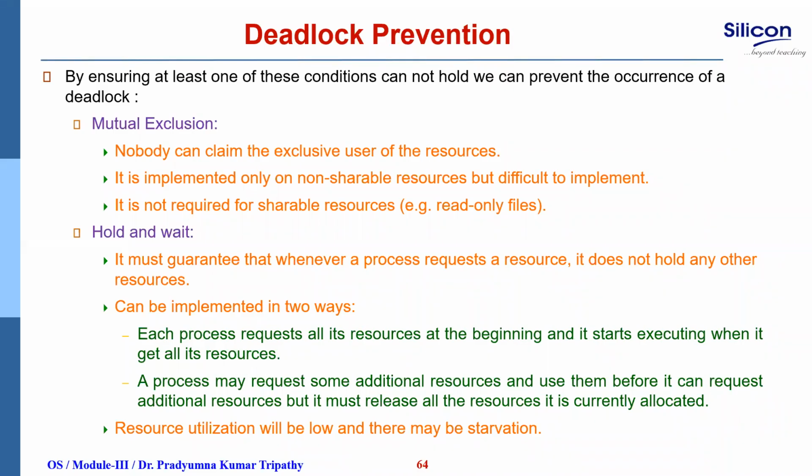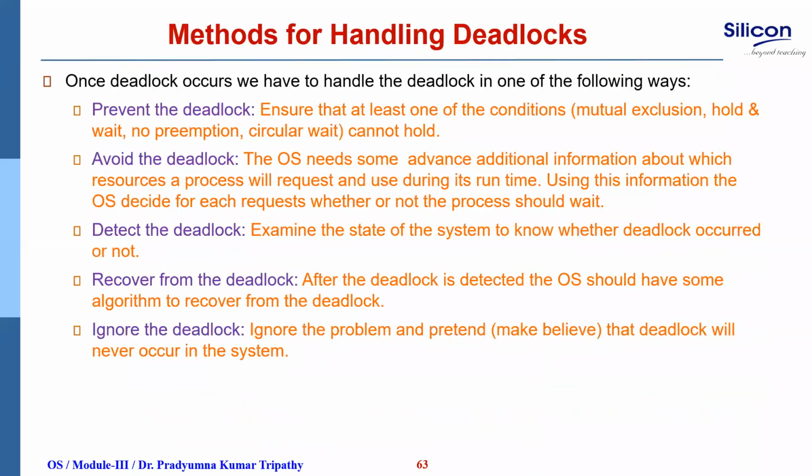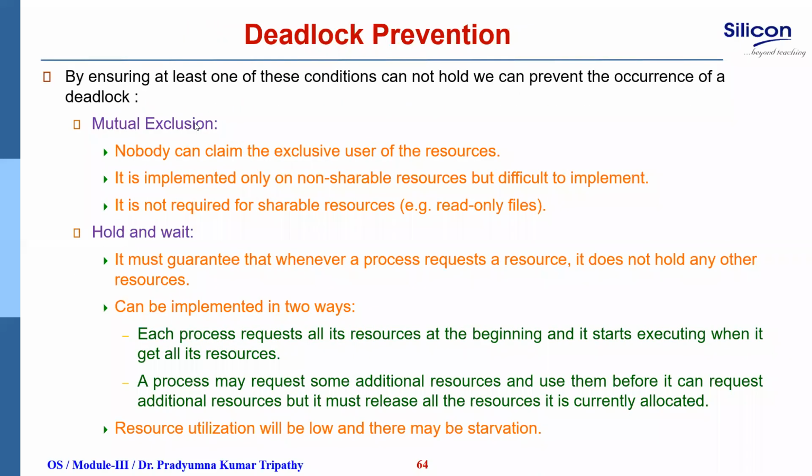Coming to the first one, we have said that these things we have to do. So first we'll go for deadlock prevention. What we have said in deadlock prevention? Deadlock prevention says that you should take some measure so that any one of the conditions should not hold.